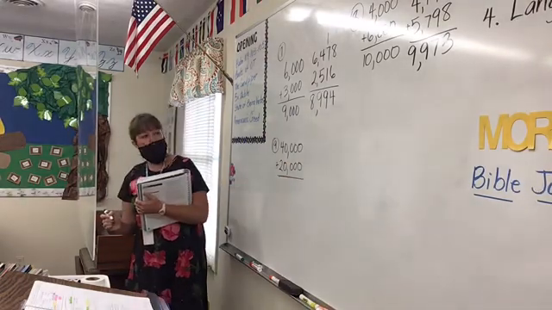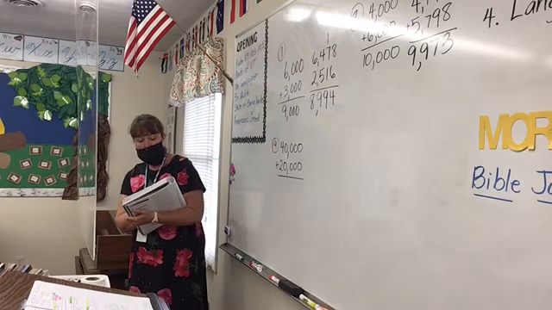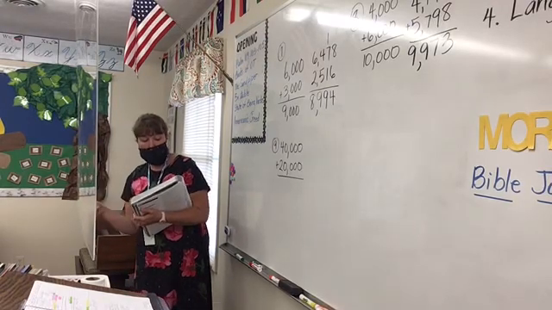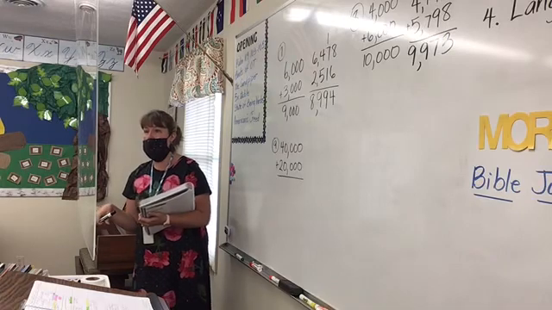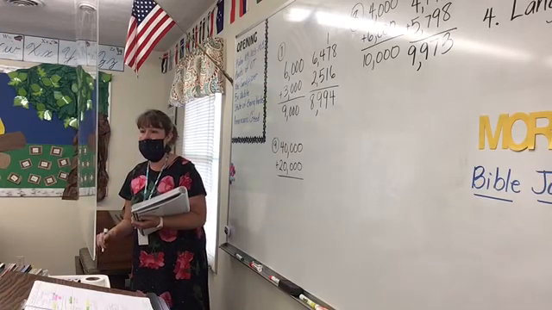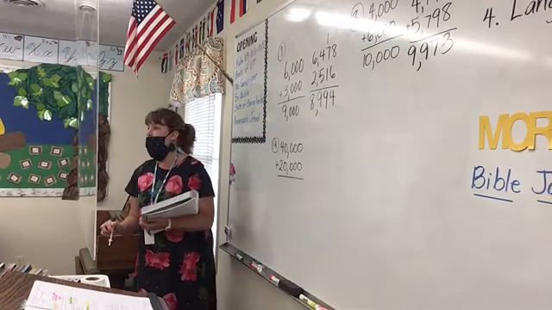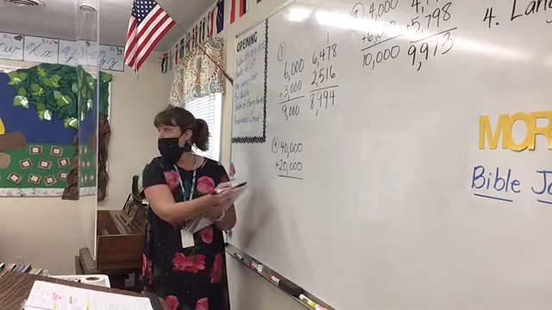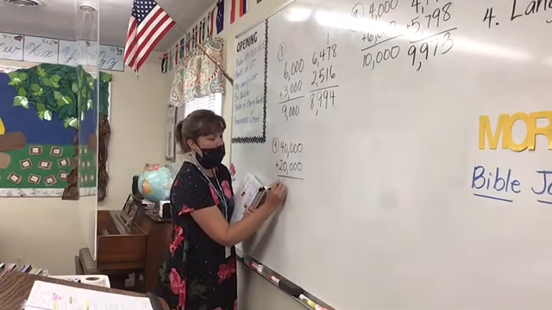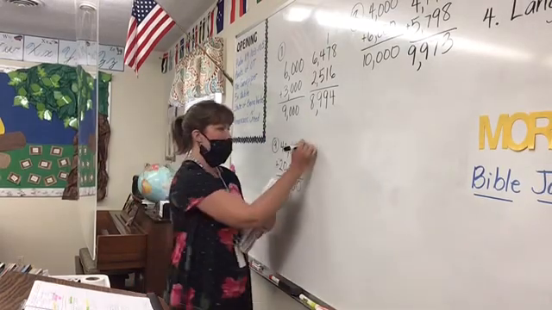Because we're rounding the 1, it would either round up to 20,000 or down to 10,000. What is our answer? 60,000. 60,000. And then we're gonna add.